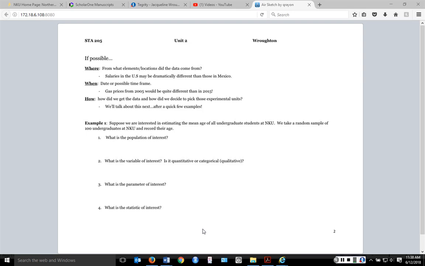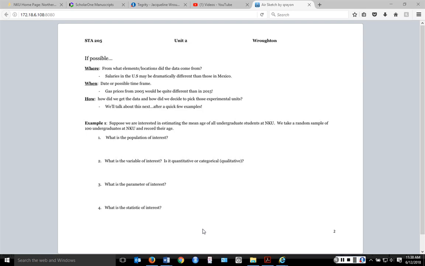So in our first example, we're interested in estimating the mean age of all undergraduate students at NKU. So I took a random sample of 100 undergraduates at NKU and recorded their age. So that's just our little setup, and then we're going to talk about some of the terminology applied here.